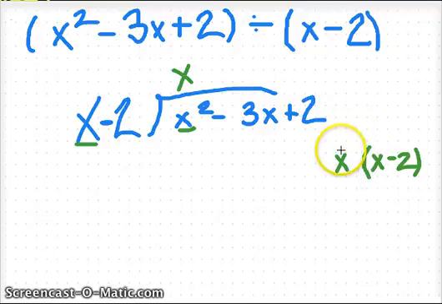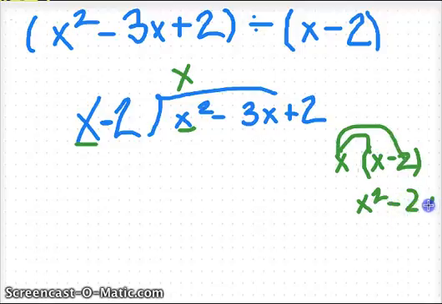So it's going to be x times x, which is x squared, and then x times minus 2, which is going to be minus 2x. So we're going to do x squared minus 2x. And remember that we're doing the opposite.